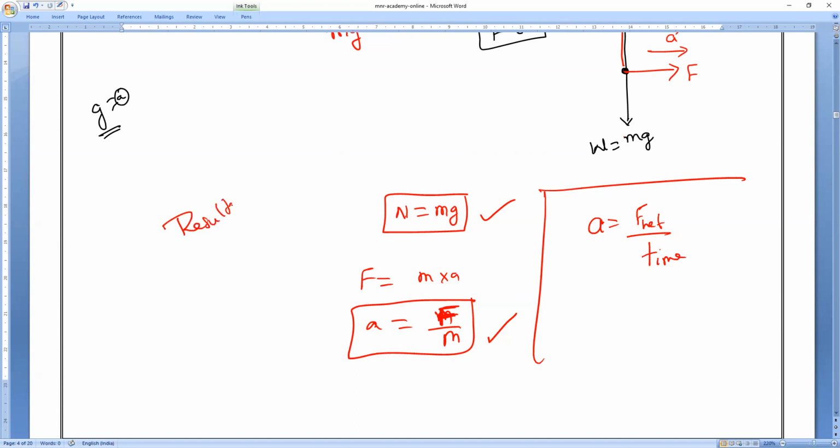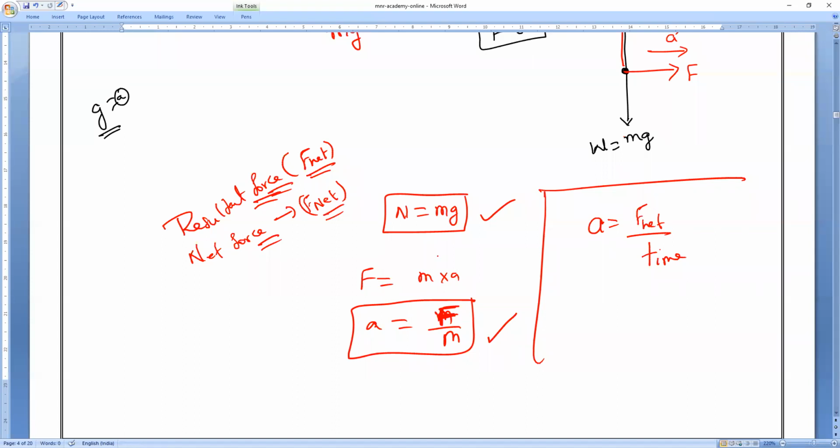We also call it the net force. It is represented with F net. Resultant force and net force, both are equal.